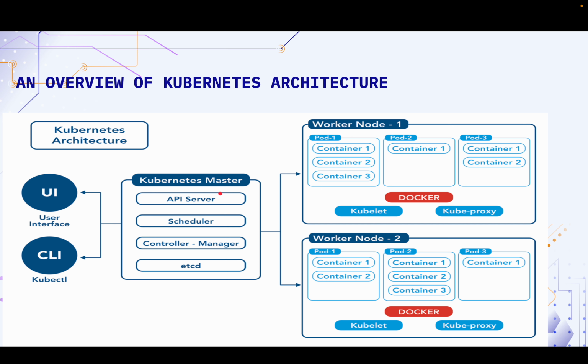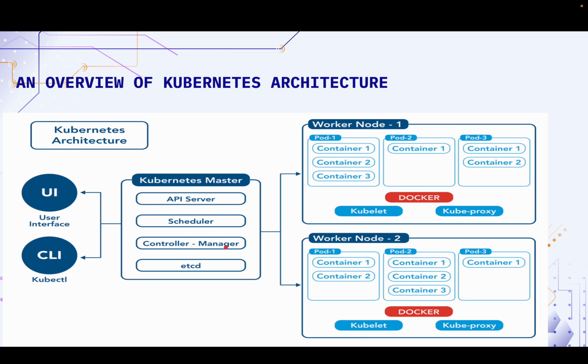Then there's something called a scheduler. The scheduler is responsible for assigning the pods to individual worker nodes based on the resource requirements and other policies defined in the manifest files. We're going to cover what manifest files are later on. Then we have the controller manager.